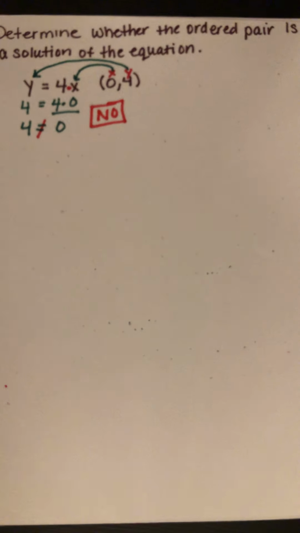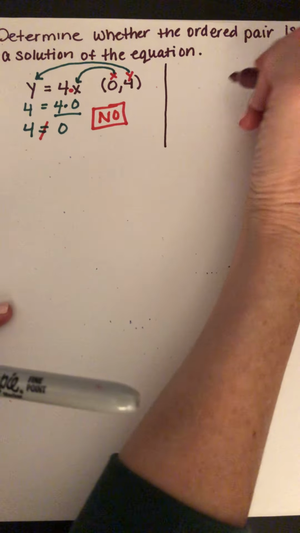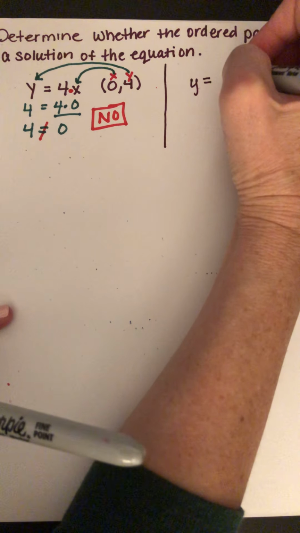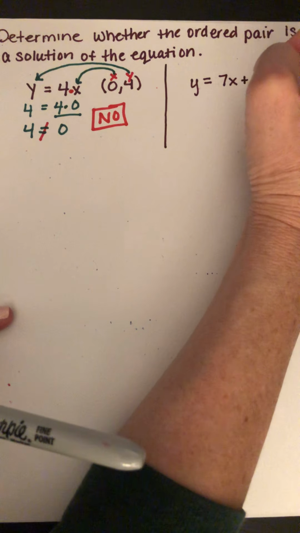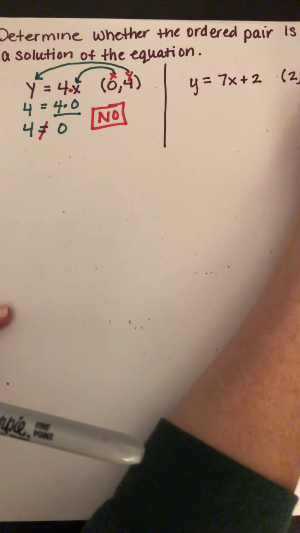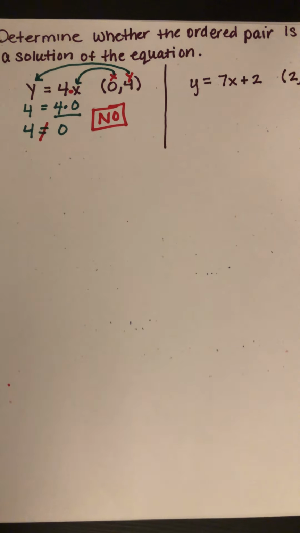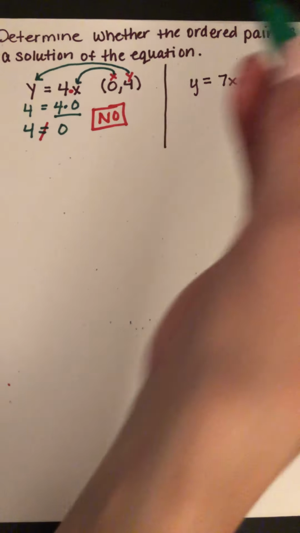Let's try another one. y equals 7x plus 2, and my ordered pair is (2, 0). So the first thing you do is plug in your values for your variables and see if they work.